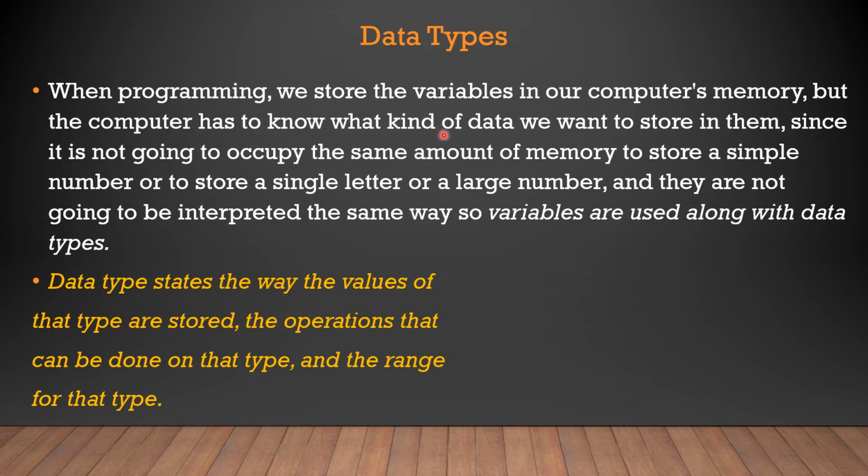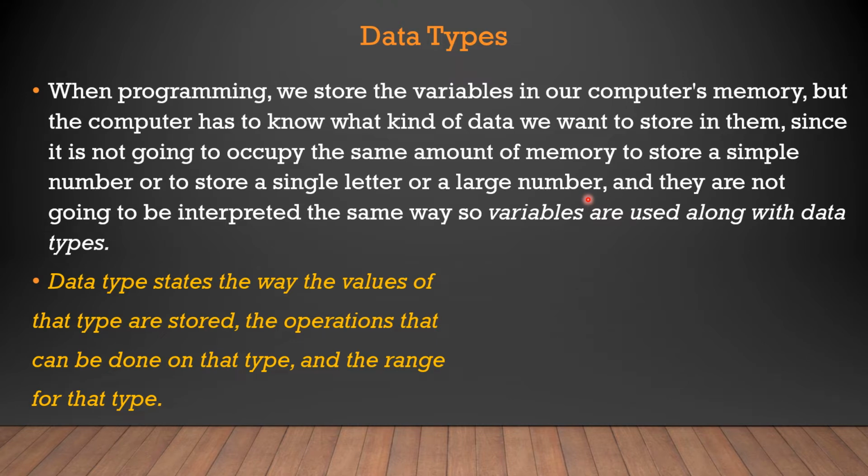So what kind of data will it store? This thing we come to know by the data type, because it is not going to occupy the same amount of memory for all things. For example, if we are storing a simple number, a single letter, or a large number, for all these three, the memory space is not the same. There will be different memory space for different kinds of data.